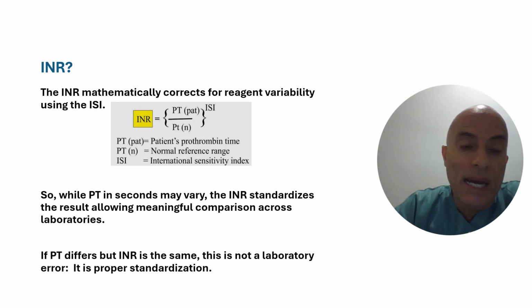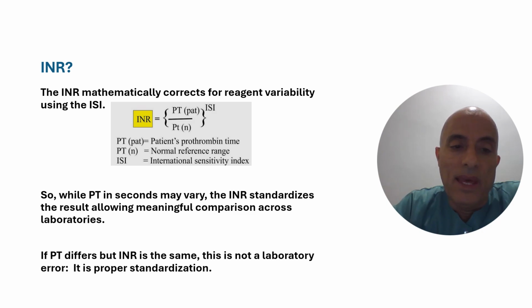As I mentioned indirectly, the INR mathematically corrects for the reagent variability using the International Sensitivity Index, as you can see in this equation. INR is a derived value calculated from prothrombin time using the International Sensitivity Index, which is variable according to the reagent used in the laboratory.